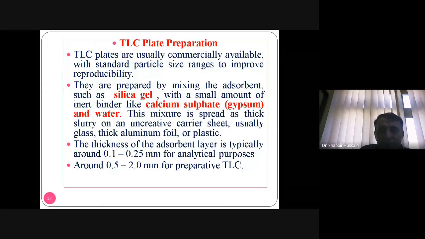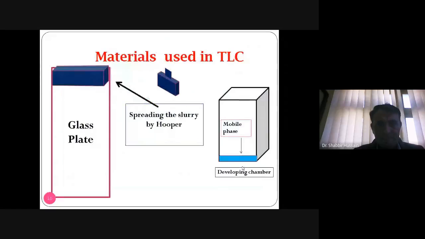The thickness of the adsorbent layer is typically around 0.1 to 0.25 mm for analytical purposes. And if you want preparative TLC, we use 0.5 to 2.0 mm, right? सिलिका जेल की लेयर 0.5 से 2.0 फॉर प्रिपरेटिव TLC, क्वांटिटेटिव एनालिसिस के लिए हम करते हैं.